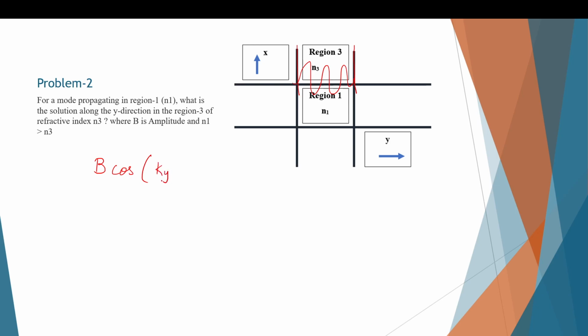So there will be a ky into y. It varies with the y coordinate with a propagation constant ky, plus a phase term. If I write it in terms of sine, this phase term will be different. That's it. So this is the answer. Okay.